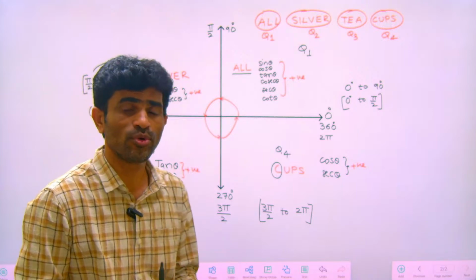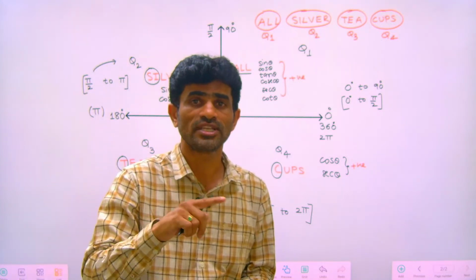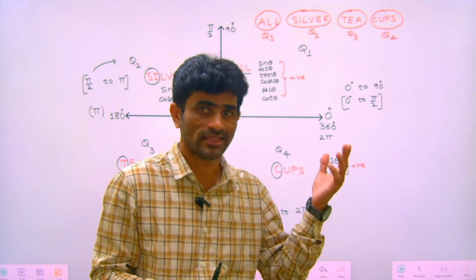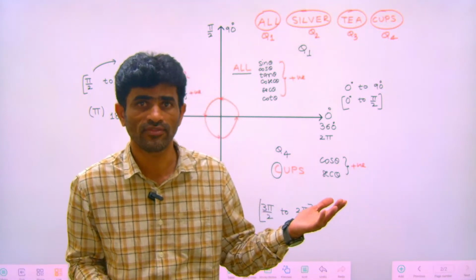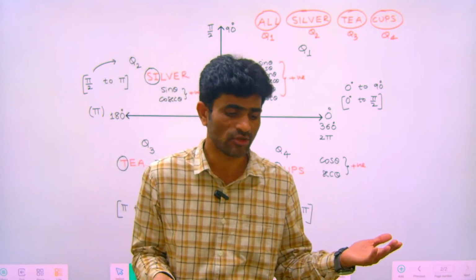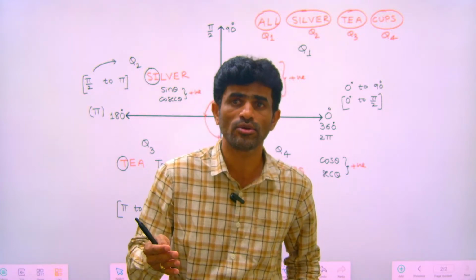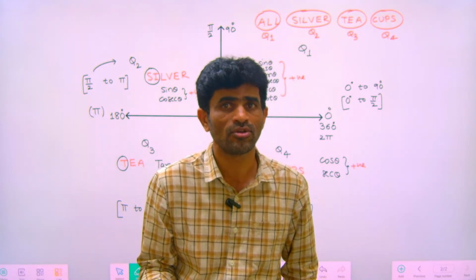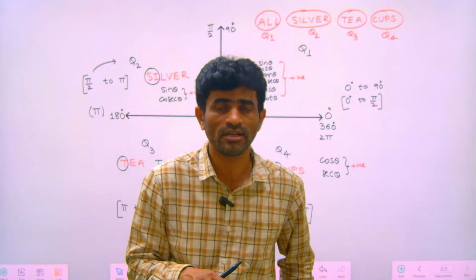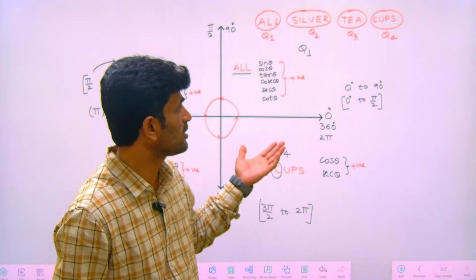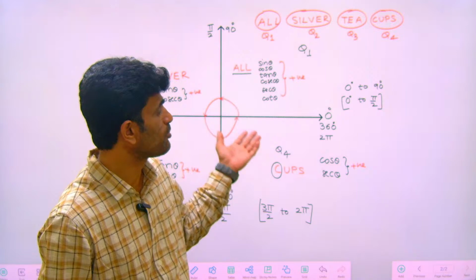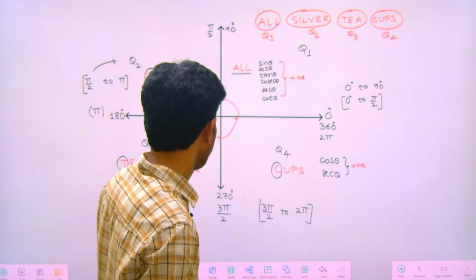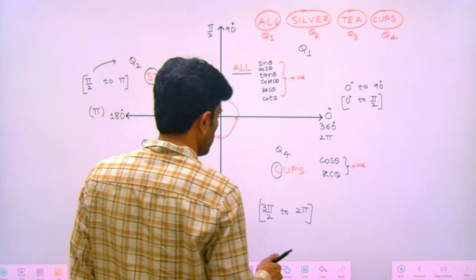So, first I told you angle. Which angle lies in which quadrant? That you have to remember. 0 to 90 first quadrant, 90 to 180 second quadrant, 180 to 270 third quadrant, 270 to 360 fourth quadrant. First you have to remember that, and after that in which quadrant which trigonometric ratio is positive, that also you have to remember.